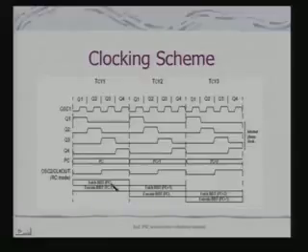That means I am fetching the instruction which is being pointed to by the program counter. In the next clock cycle, what am I doing? I am actually executing the instruction that I have fetched. The execution of this instruction would essentially mean what?